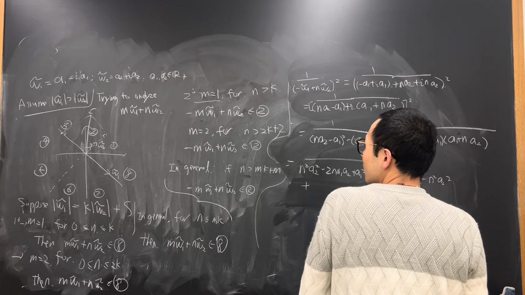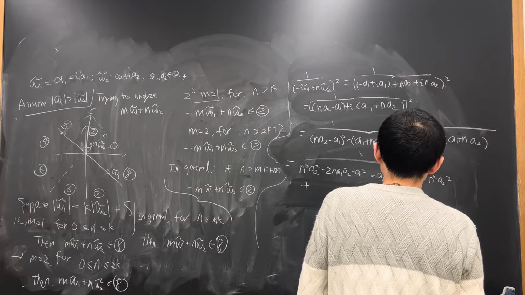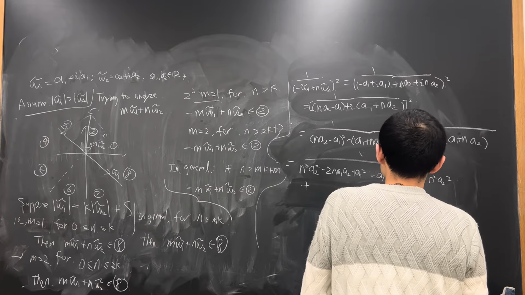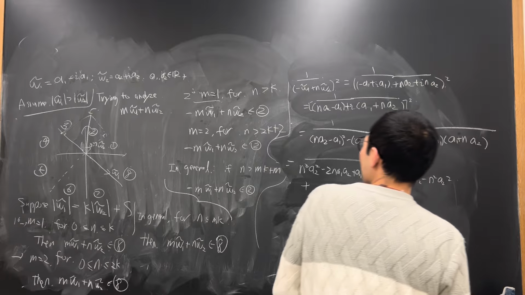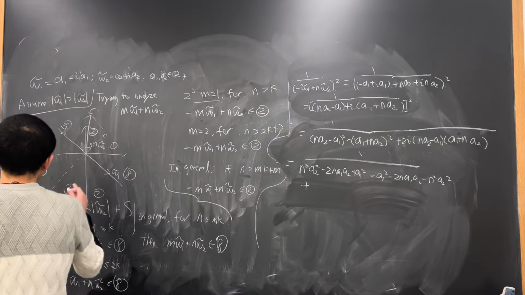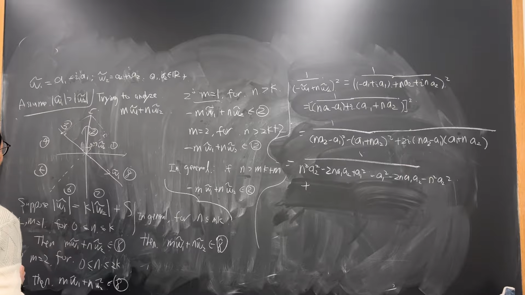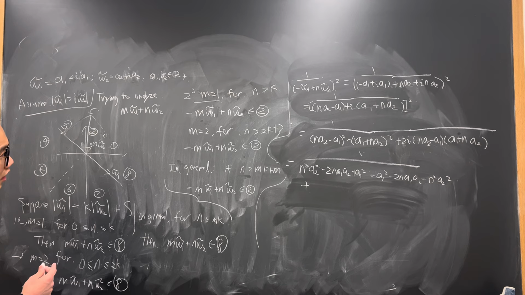And then plus, do I expand this with the imaginary parts? Well, it depends on what I want to calculate. I want to calculate the inverse, so I want to see if I can get some conjugates. A2 squared and then plus A2.